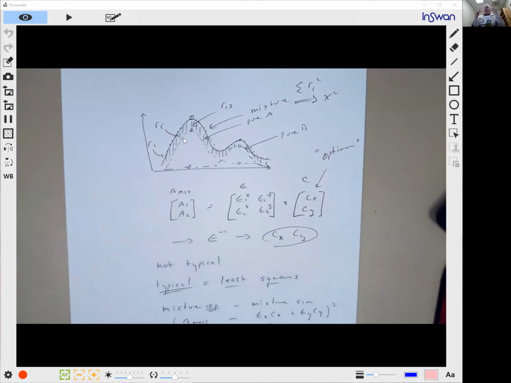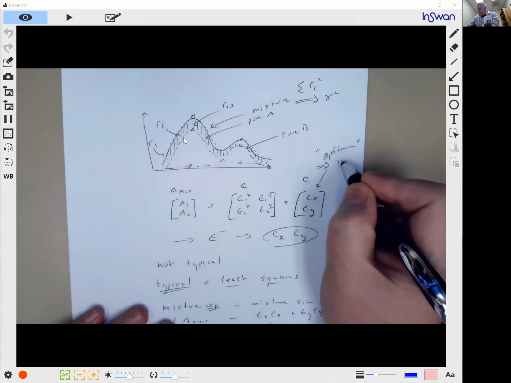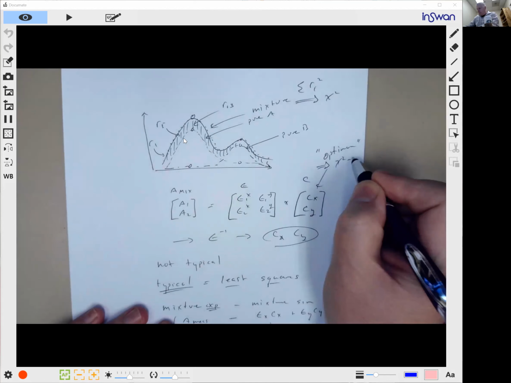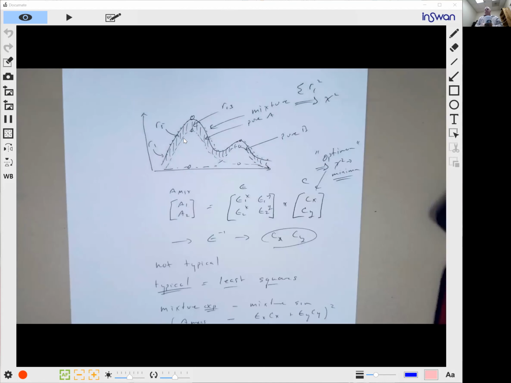When those two values are as close as they can get to the truth, right? Then chi squared will be a minimum, provided all of our assumptions are correct.